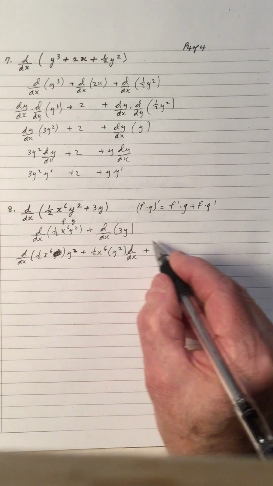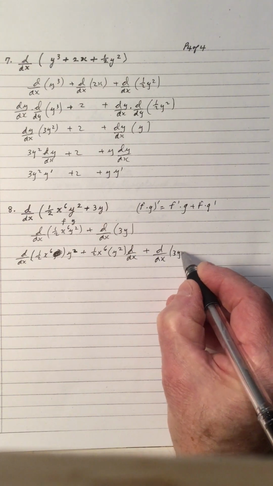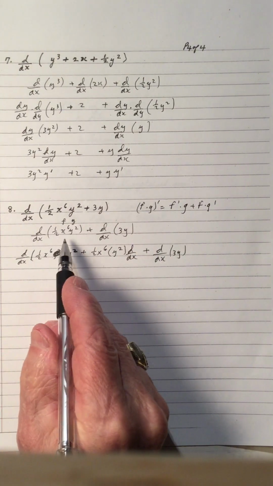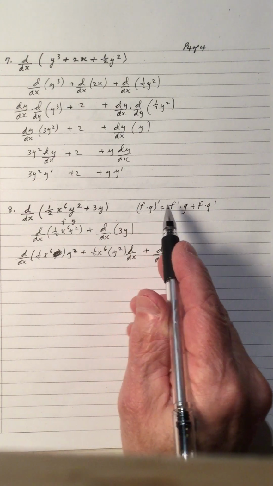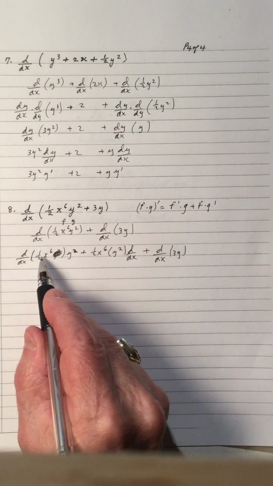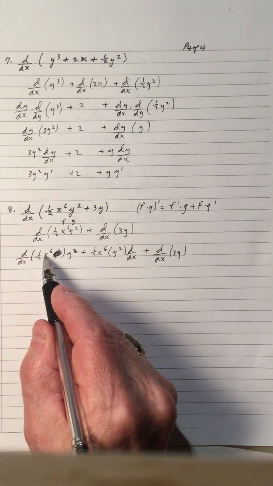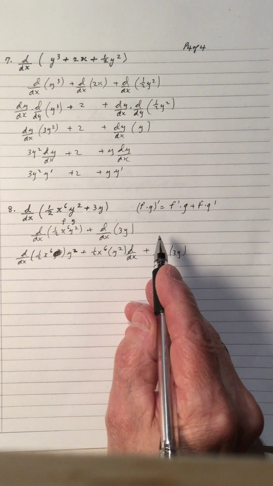And so this is d/dx on 3y. So I looked at the product first. The derivative of f times g is derivative of f times g plus f times derivative of g. There it is there. There's the derivative of f times g. This is f times the derivative of g.